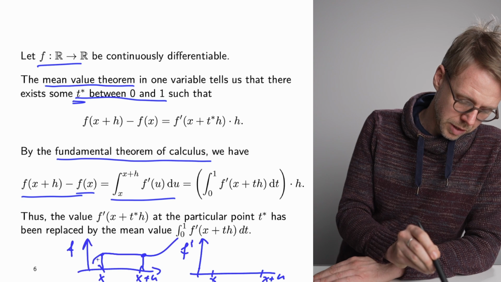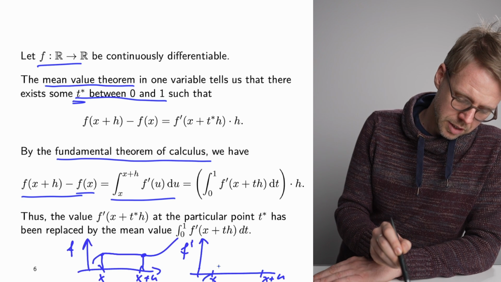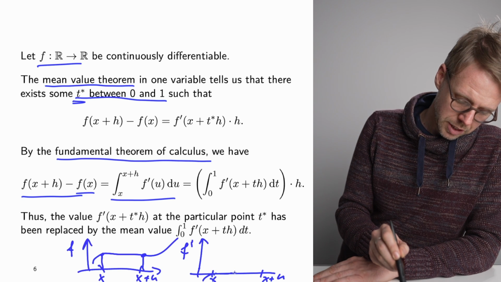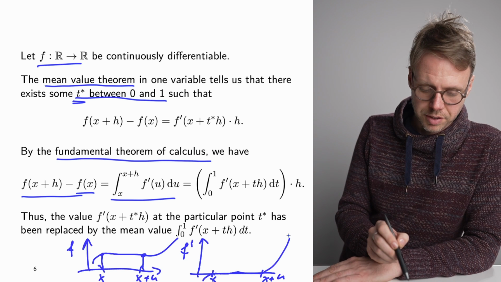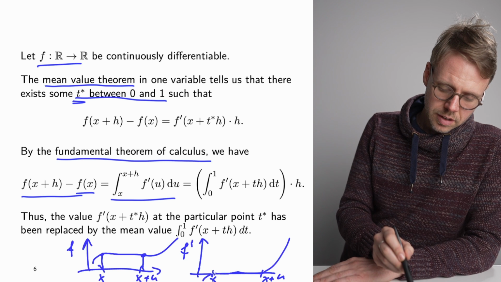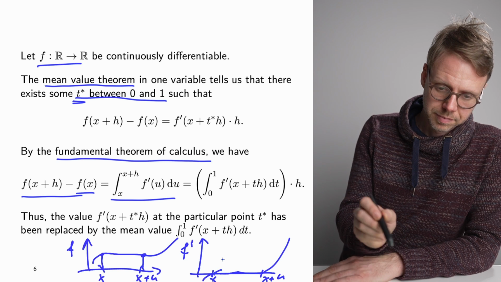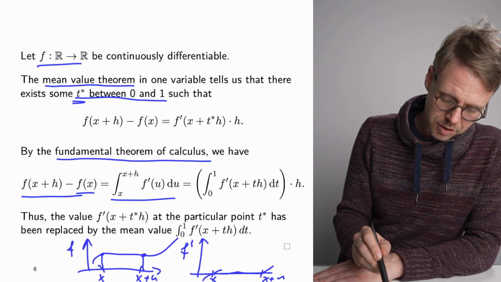And the derivative, well, it will be negative around here. Then it will be close to 0 here. And then it will go positive around here. Well, if you take, let me redraw this, it's not ideal.